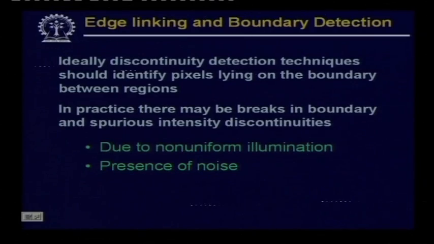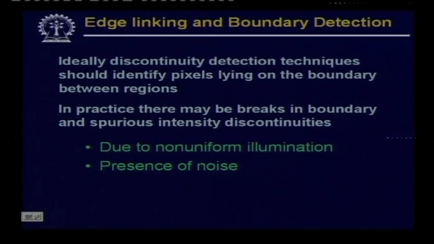Let us see what we have seen in the last class. We have said that ideally, an edge detection technique should identify the pixels lying on the boundary between the regions.